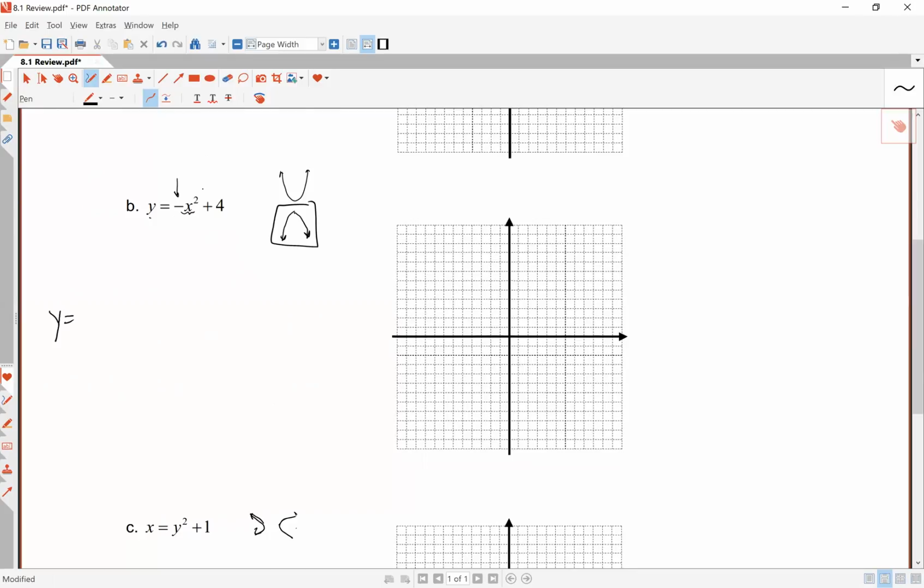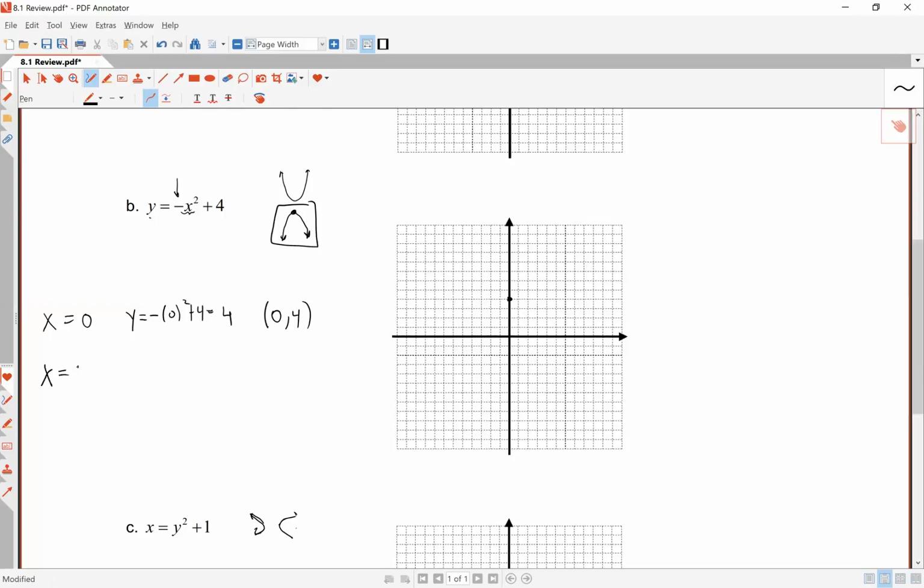So we start off by setting x equal to 0. That's negative 0 squared, or just 0, plus 4 is 4, so that gives us 0, 4. That's thought of as the start of the graph.